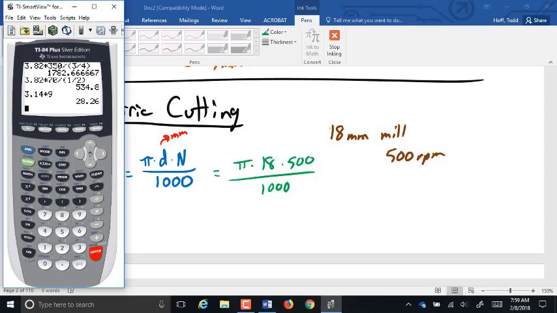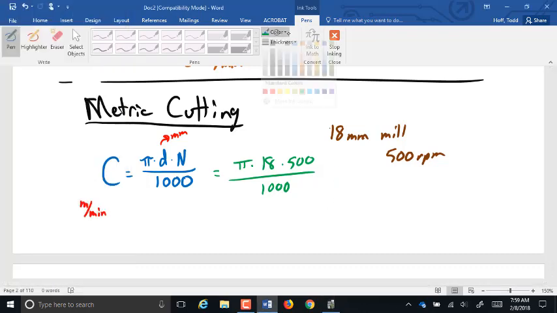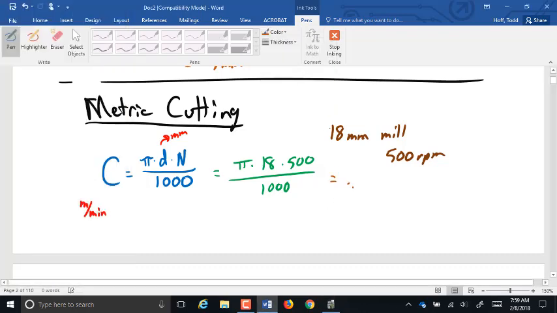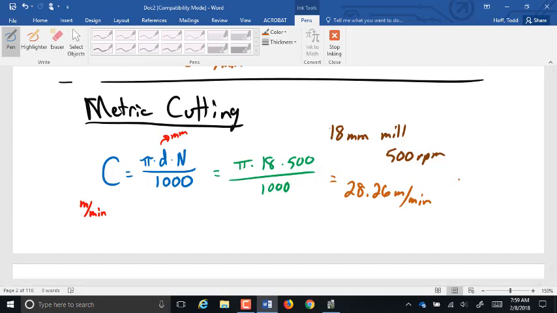It's going to give us 28.26 meters per minute. Now remember, a meter is a little bit more than 3 feet, so that's probably somewhere around 80 to 90 feet per minute.